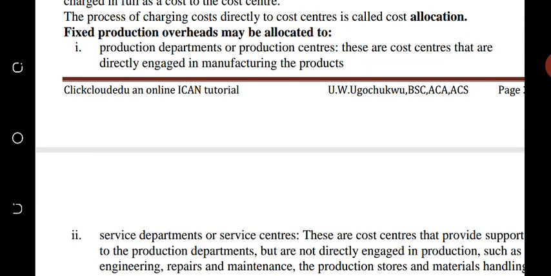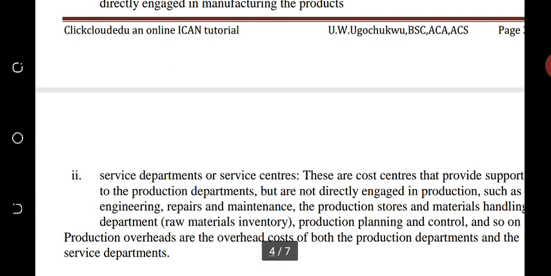So how can we allocate our fixed production overhead? It may be allocated to our production department or our service department. The production departments or operation centers are cost centers that are directly engaged in manufacturing the products.